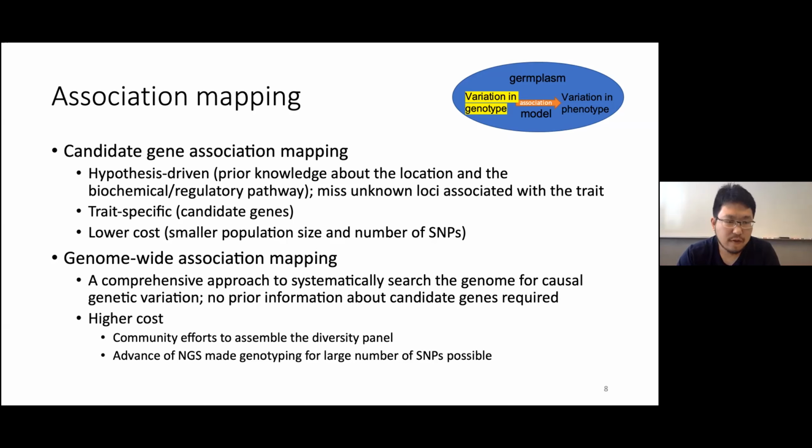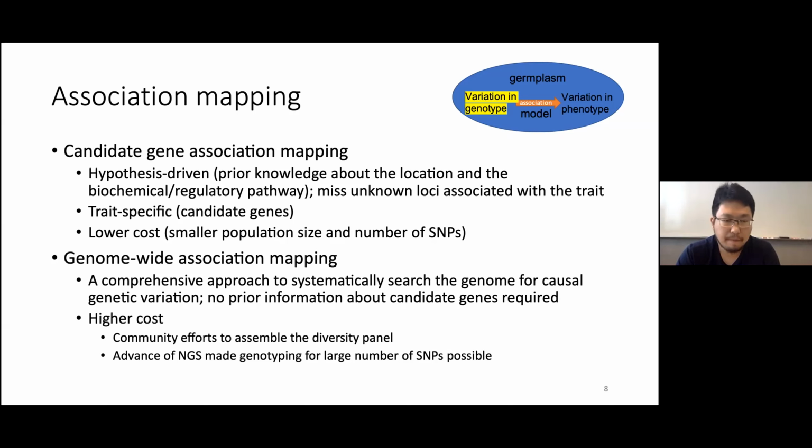But of course, this method is of higher cost because usually you need the community's efforts to assemble a panel that is much larger in sample size. Also, you would need more markers to characterize the historical recombination events.